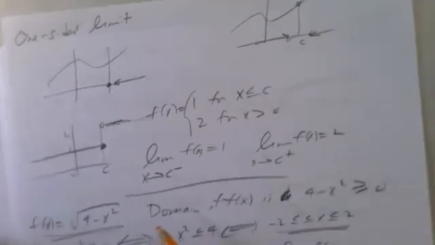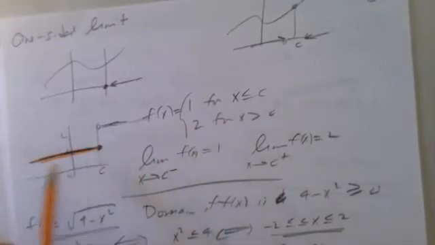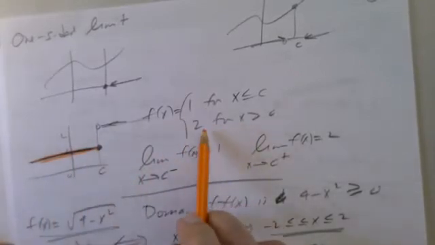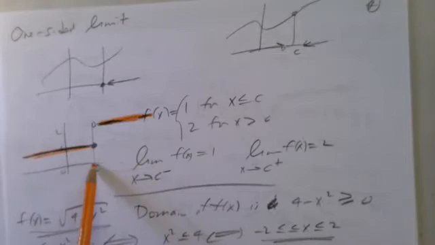So in the example I showed earlier, we have a function, and this is its graph. There's some number c, and for x less than c, the value of the function is 1. For x strictly bigger than c, the value of the function is 2. Now, as x approaches c, this function doesn't have a limit. There's nothing that the function gets closer and closer to as you approach c.